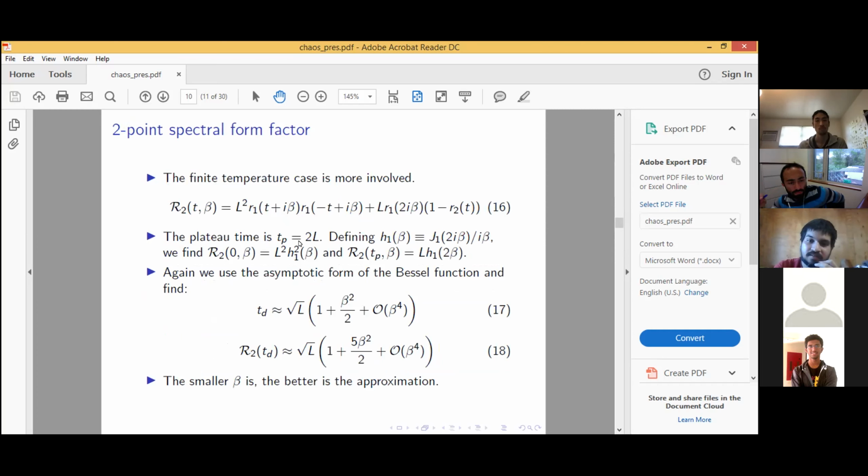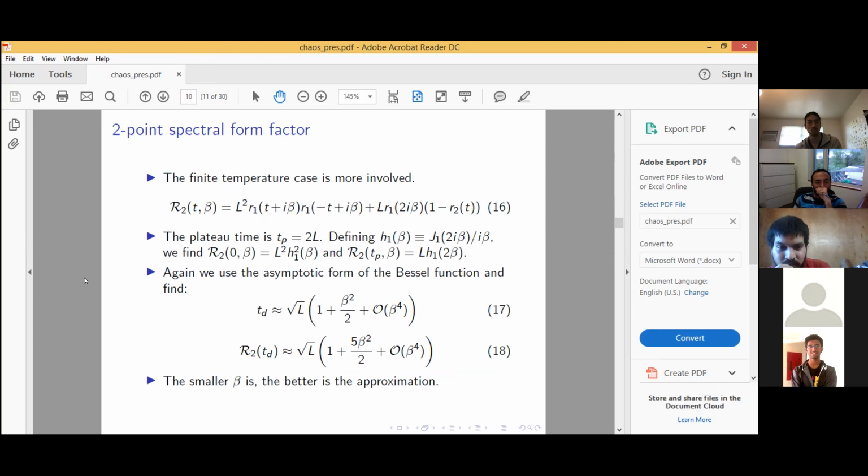In that case, the R2 looks much uglier. So it has this form. Analyzing it, we can find that the plateau time will still be 2L, and the initial value will be something like L squared H1 squared beta, where H1 is defined as J1 of 2I beta divided by I beta, and the R2 at the plateau time will be L times H1 of 2 beta.